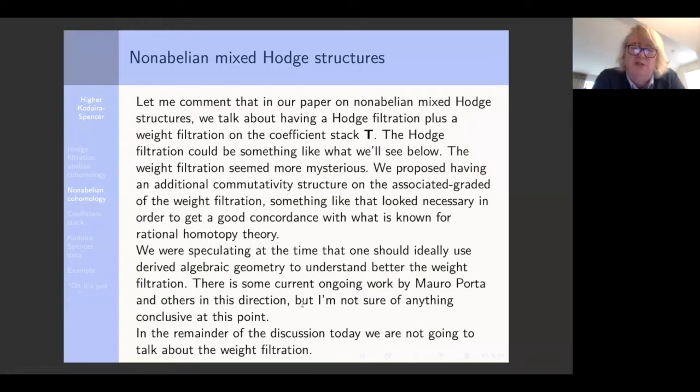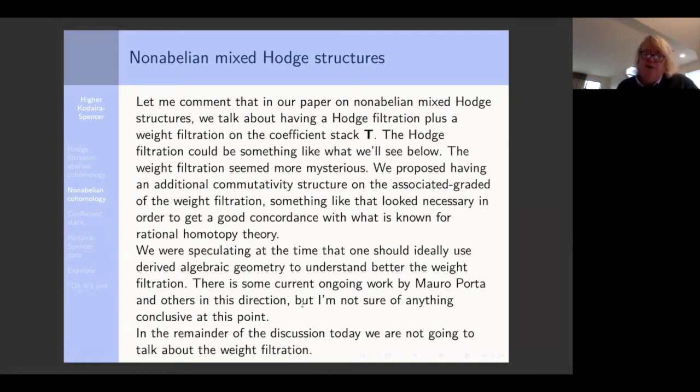The weight filtration was more mysterious to us at the time, and I don't think we've improved that situation since then either. So we proposed having an additional commutativity structure on the associated graded part of the weight filtration. That seemed to be necessary in order to make it coincide with what we know for mixed Hodge theory of rational homotopy theory.